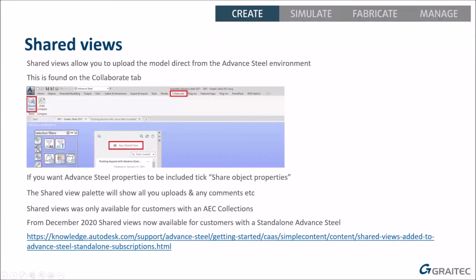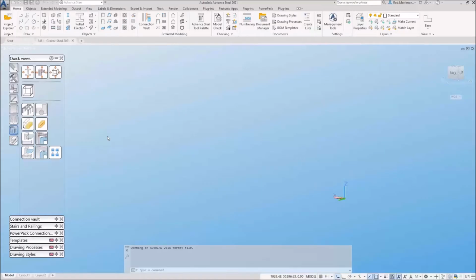So let's go and have a look at shared views. And I will do this, I think, on a different project. This might slow my machine down, but let's just open up this project.